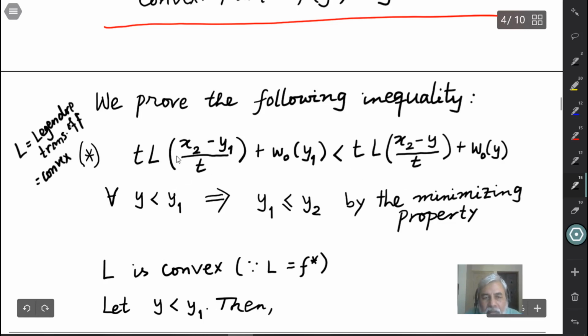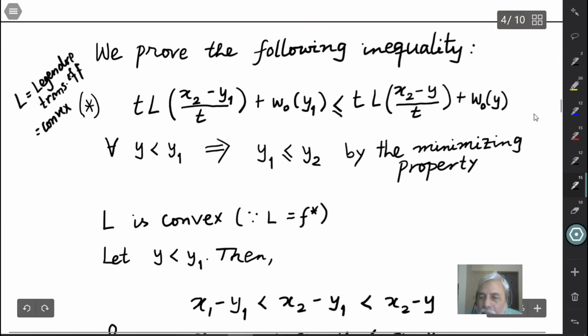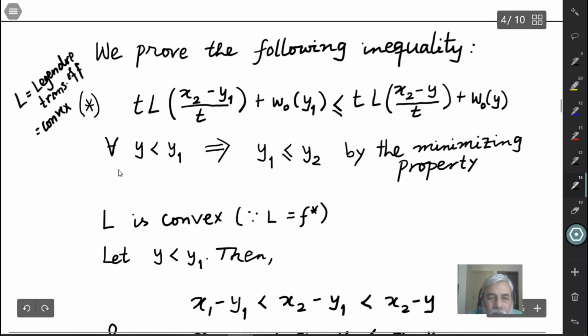T of L of (x2 minus y1) by T plus W0 of y1 is less than or equal to T of L of (x2 minus y) by T plus W0 of y. We do not need strict inequality, so less than or equal to is fine. And this holds for all y less than y1.